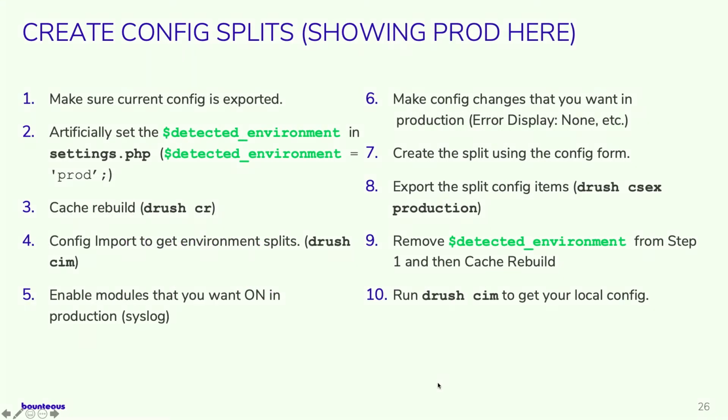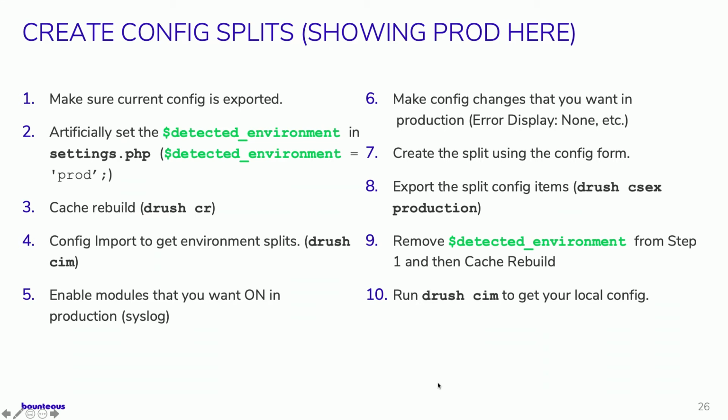And then we would actually create the splits. This may be a little overwhelming, but we'll walk through it, and I'll actually do this as part of the demo. We just make sure the current config is exported. What you do is you artificially set your computer to make it think for a few minutes that it's prod. Then you clear cache, and then do a config import to just make sure everything is up to date. And then you enable, for the complete splits, the modules you want turned on, make settings for those as you need, and then make any other config changes that you want for that environment.